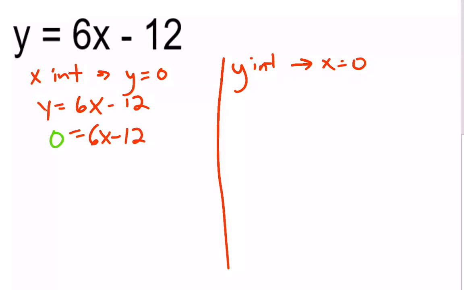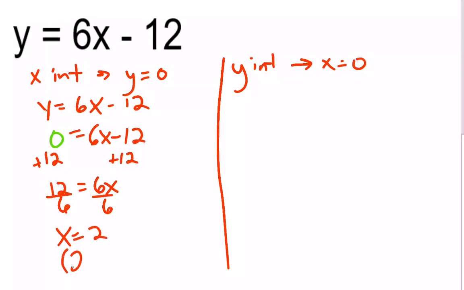And now it's a two-step equation. We're going to add 12. So 12 equals 6x. And divide by 6. So x equals 2. But an x-intercept is a point, so it's the point x value of 2, y value of 0.